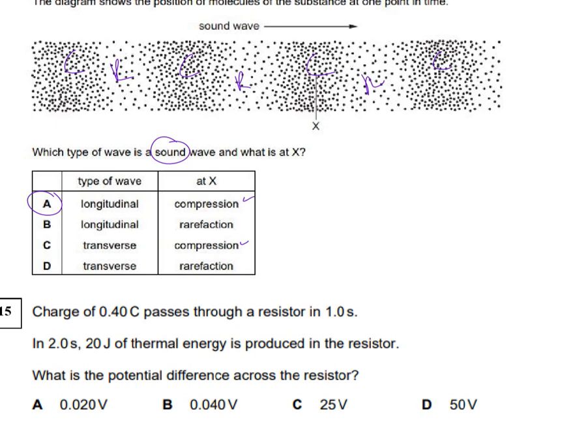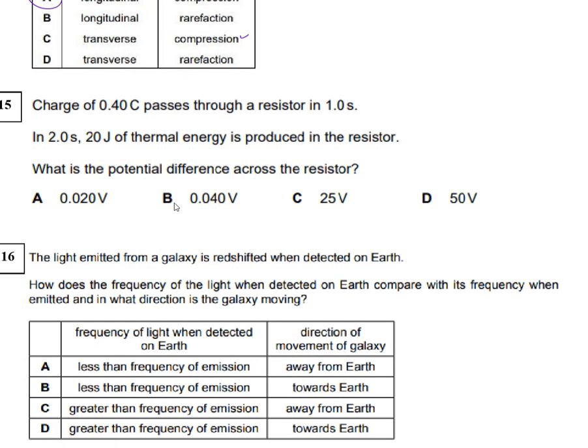Okay, now potential difference, charge, time, energy. Okay, so what do we need to do? We got charge. I'll go through this in 1 second. We got the energy. So voltage, potential difference, is energy per charge.